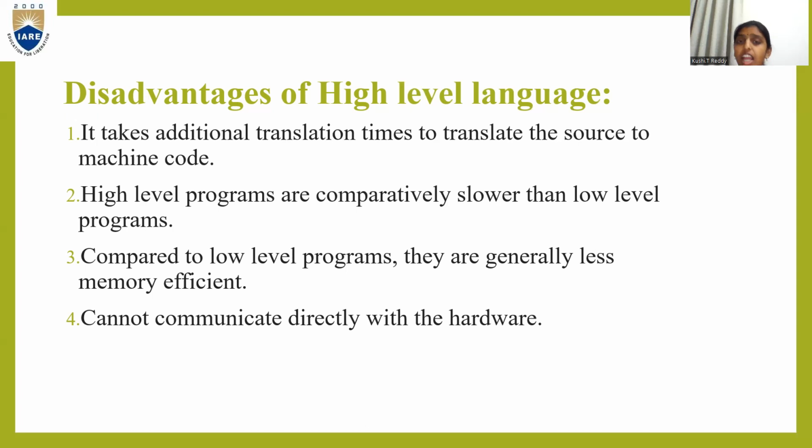High-level programming language is known as the user-friendly programming language, whereas low-level programming language is called machine-friendly programming language. The main aim of high-level programming language is that it is easy to understand and easy to write.